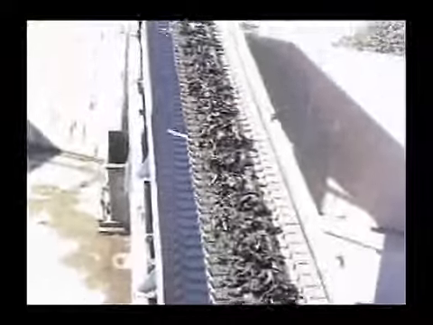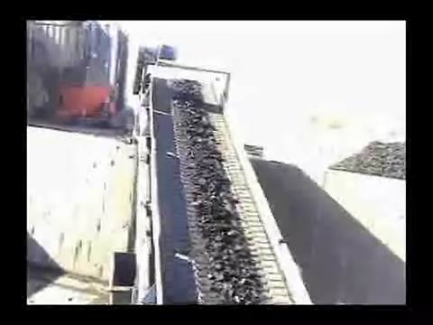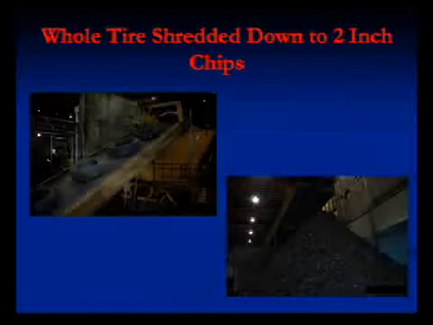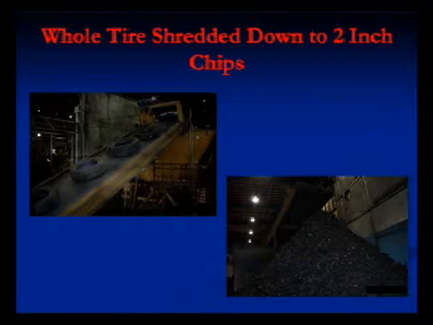In this stage, the rubber, steel and fiber are all embedded together. With this department, equipment is available with capacity anywhere from 600 tires per hour to 1,000 tires per hour. We're taking the whole tire down to 2-inch size.